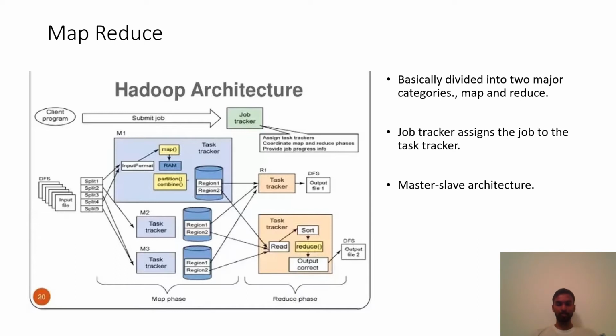The read schema reads the message and sorts it, then reduces it to the original state of the message, and then the output is sent to the screen. It follows a master slave architecture, hence the job tracker is always updated about the information of the message.